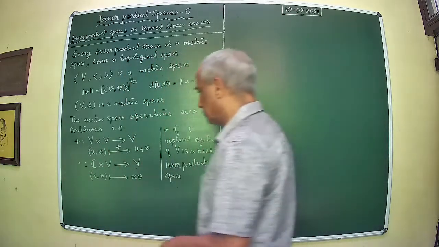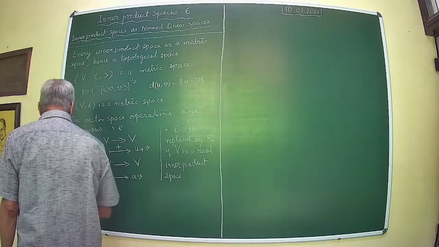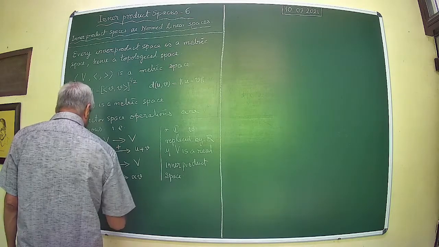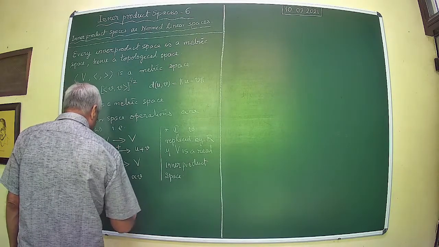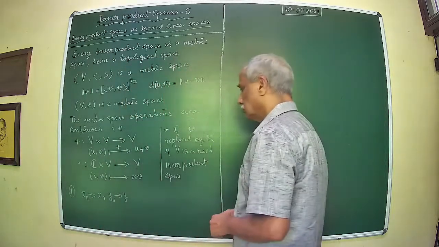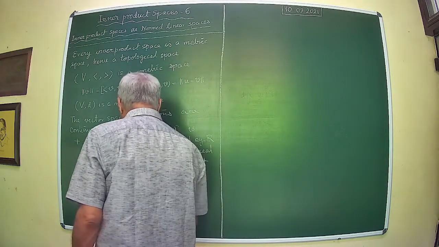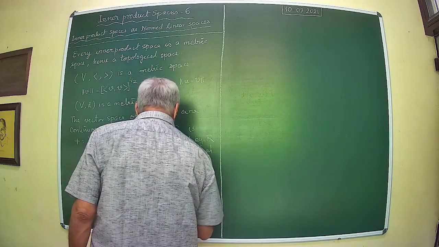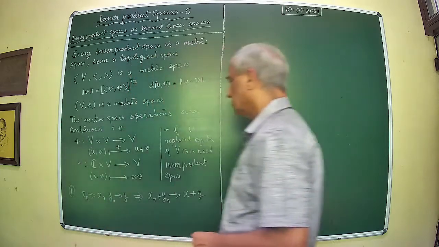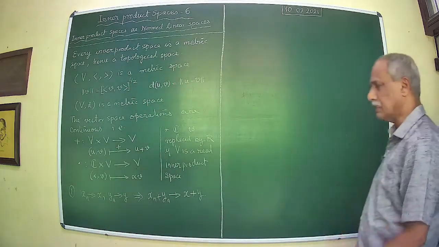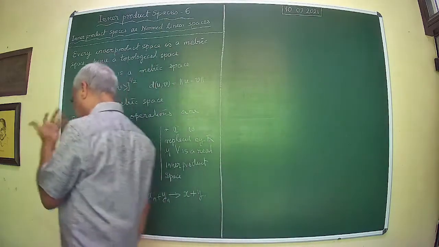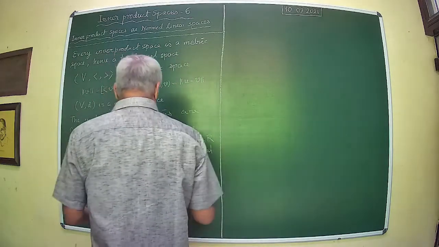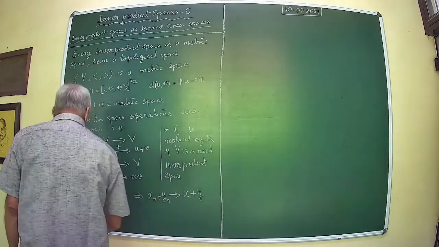So what do we have to do? The first thing that we prove is this: if xn converges to x and yn converges to y, then xn plus yn converges to x plus y. It's quite easy to prove because in every normed linear space it does happen. What you have to do is take the distance between xn plus yn and x plus y.